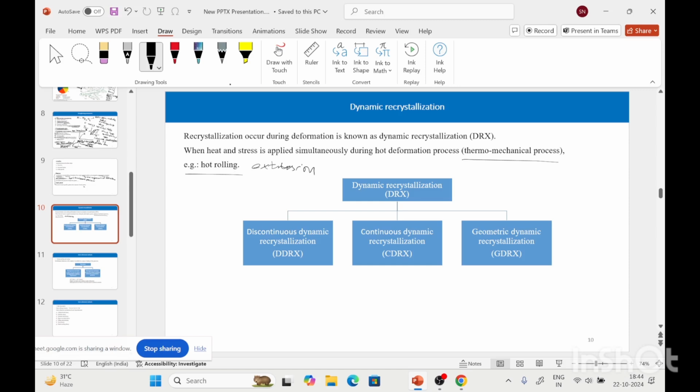So the dynamic recrystallization can also be classified into three different types depending on the formation of new grains. First is the discontinuous dynamic recrystallization, second is continuous dynamic recrystallization, and third is the geometric recrystallization.